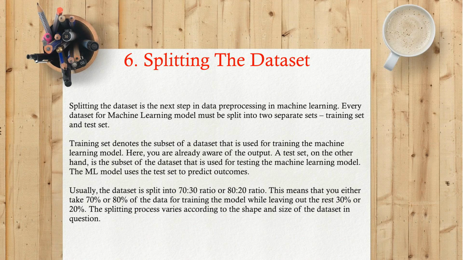The ML model uses the test set to predict outcomes. Usually, the dataset is split into 70-30 ratio or 80-20 ratio. This means that you either take 70% or 80% of the data for training the model, while leaving out the rest 30% or 20%. The splitting process varies according to the shape and size of the dataset in question.